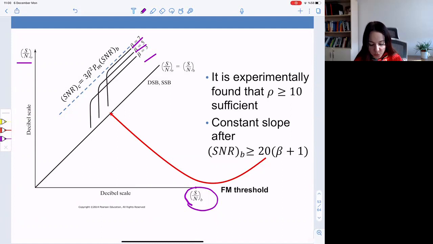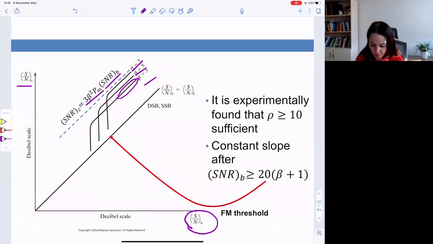Now, why is the output SNR in dB scale increasing linearly? In this regime, the increase is linear. Why? Because if we're in the high SNR limit, remember, SNR out is 3 beta squared PM times SNRB.